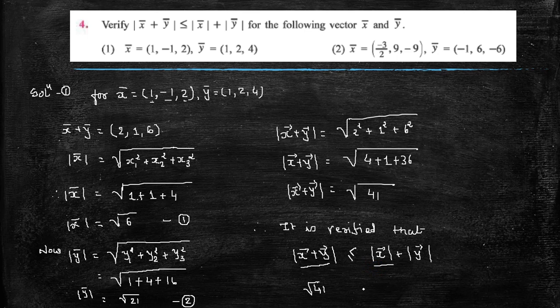What is magnitude of x bar? Root 6, plus magnitude of y bar, root 21. So can we say that root 41 is less than the addition of root 6 plus root 21? Can we add these two values? That is an irrational number.